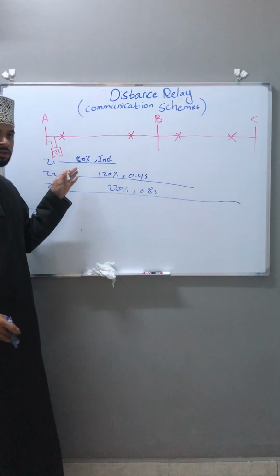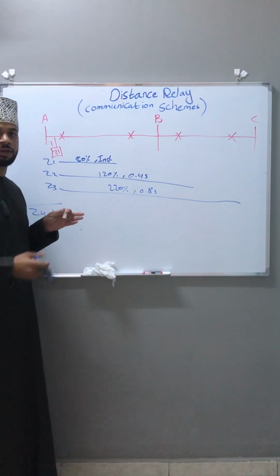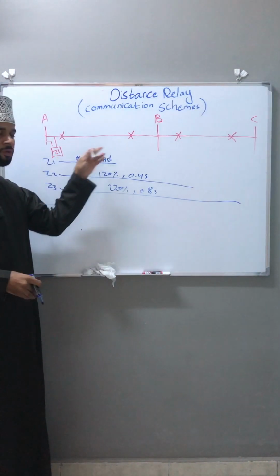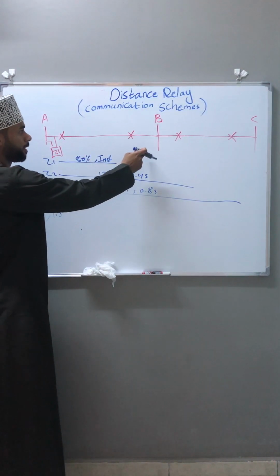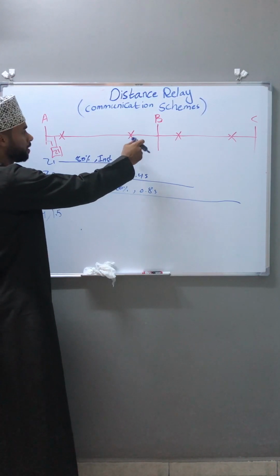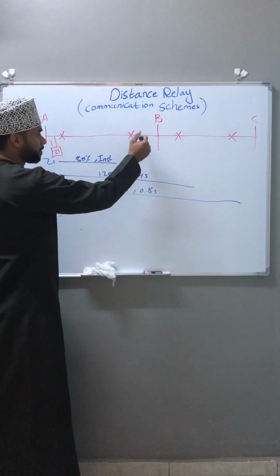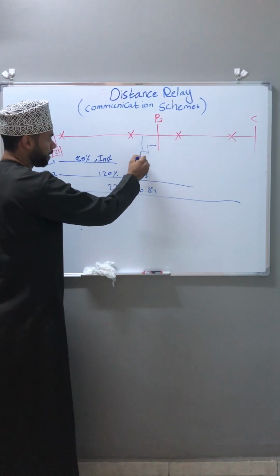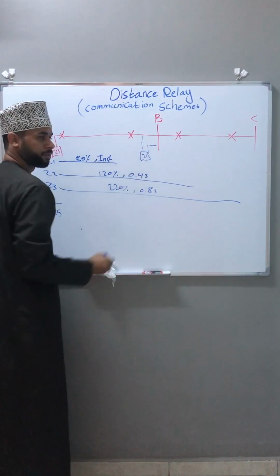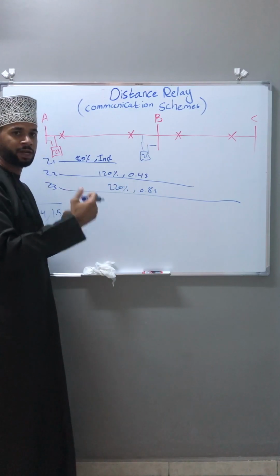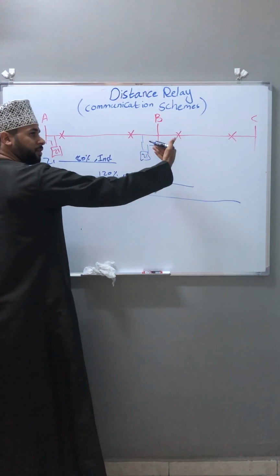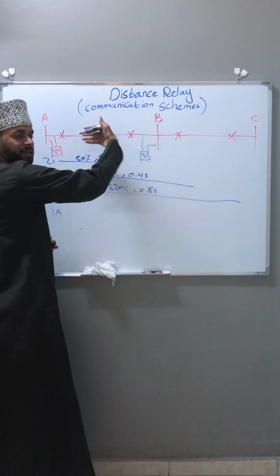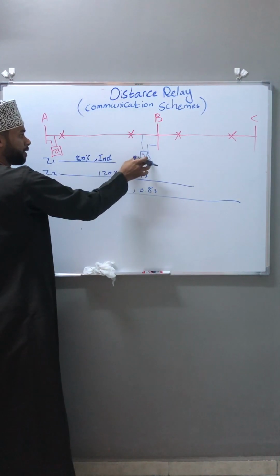And we see that to make the overlapping to our main line, in substation B we also have a distance relay, this 21 relay. So to make the overlapping, I will make this distance relay look in this direction.